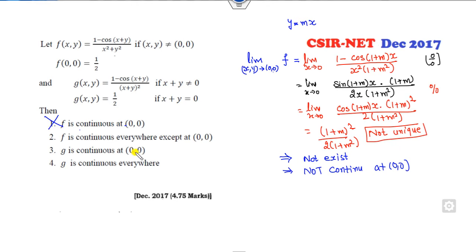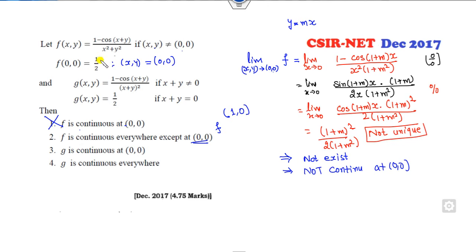Now check whether the function is continuous at points except 0, 0. I can simply choose 1, 0. What is the function value at 1, 0? This is when not equal to 0, otherwise here.